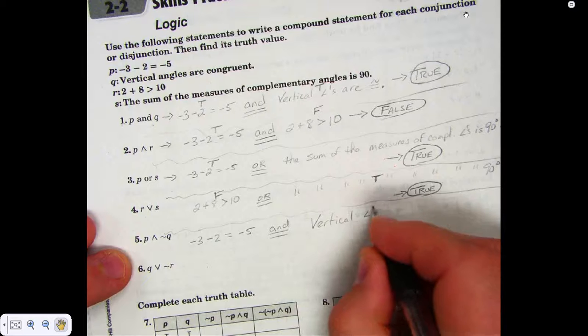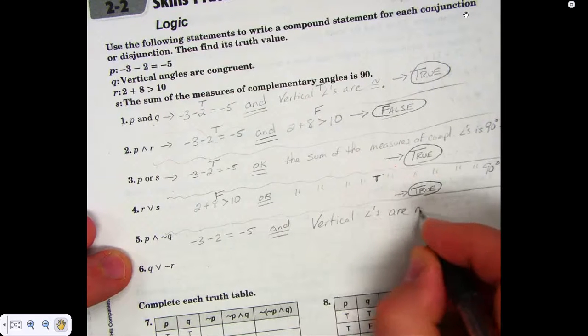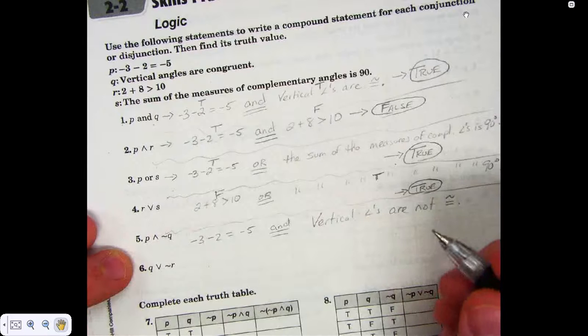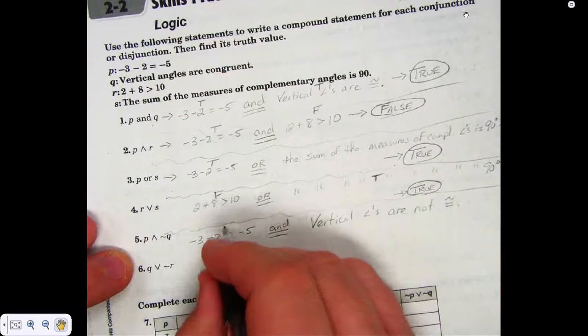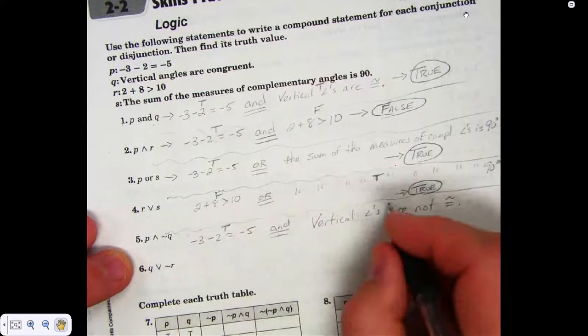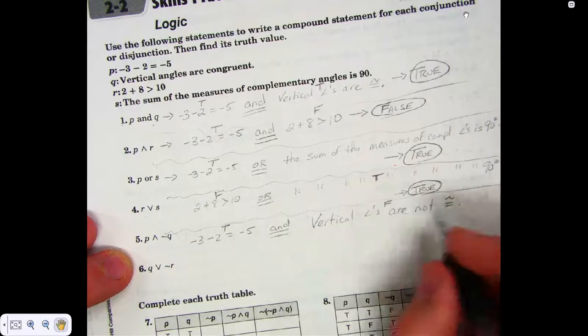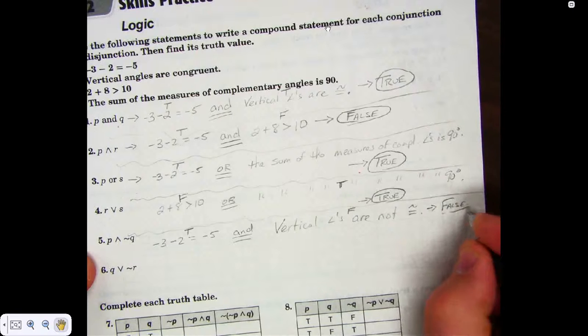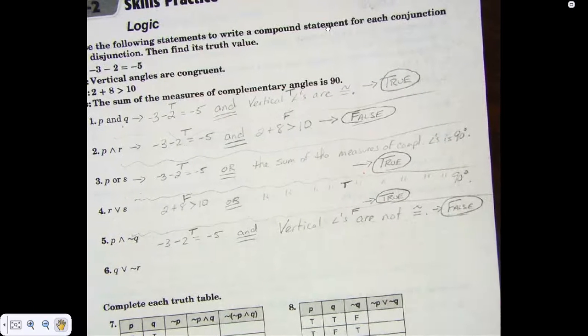Vertical angles are not congruent. So is this part true? That's false. So what is the truth value? It's an and, so both have to be true. You guys get that? We okay?